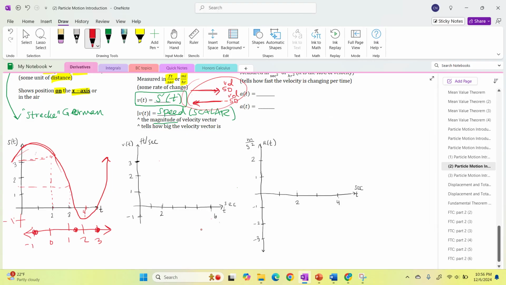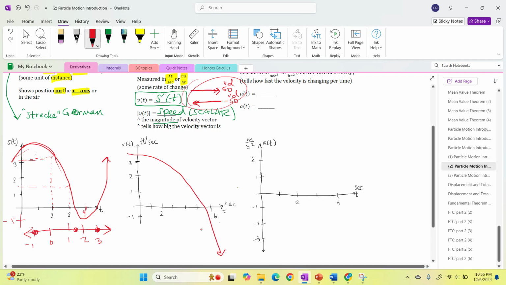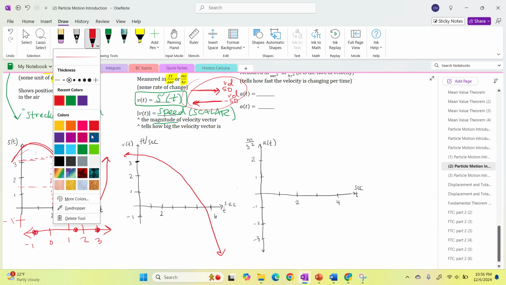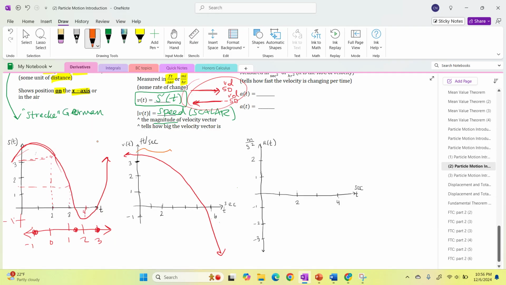All right, let's do another sketch here. Do something like this. All right, so here I have a velocity graph. And remember, if my velocity is positive, so up to like 5.5, your velocity is positive, which implies you're moving to the right.